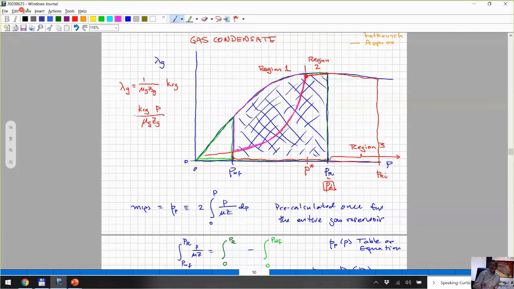I said the productivity loss is about a factor of 2, a rule of thumb. But that's if the current reservoir pressure is near the dew point. Okay, if you get rid of this to the right over here, the undersaturated part, what you see is that in fact you've lost about half the area to the left of this.